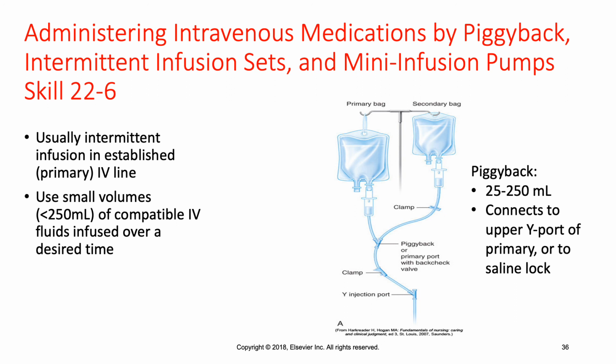It is hanging a little bit higher than the primary because it will infuse first by gravity by being higher, and then the tubing for the piggyback or secondary is usually a shorter tubing, and it is inserted into the primary at the Y site that is higher. There's usually at least two Y sites, maybe more depending on the tubing, but you would connect the piggyback to the primary at the Y site that is closest to the drip chamber.